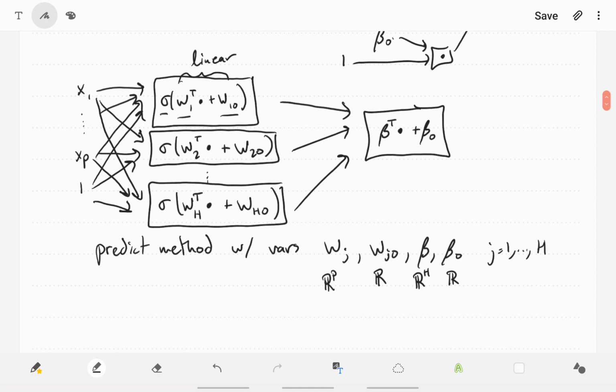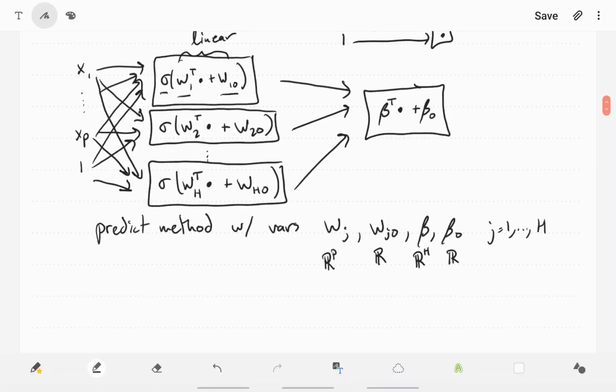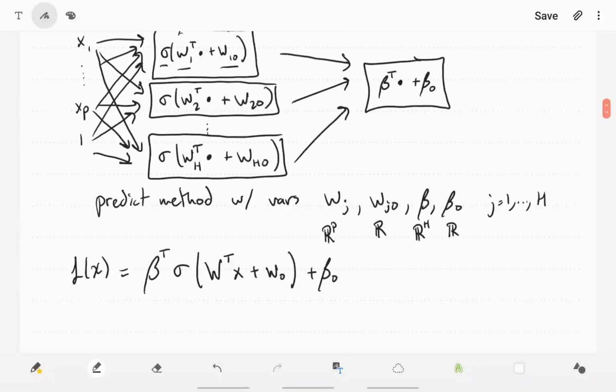If we want to write it out in math and not in the computation graph, our f of x is equal to beta transpose sigma of capital W transpose x plus W naught, plus beta naught. I'll describe the sigma in a little bit.